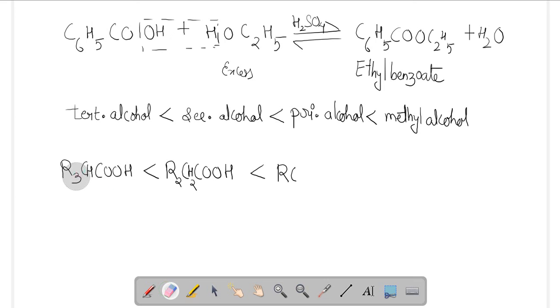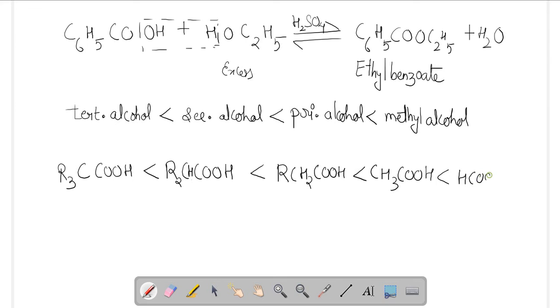Here no H will be there, only C, that is R3CCOOH. Here only one H will be there, in R2CHCOOH, as compared to RCH2COOH, and acetic acid, and the formic acid will be the most reactive here, and it will easily form the ester.